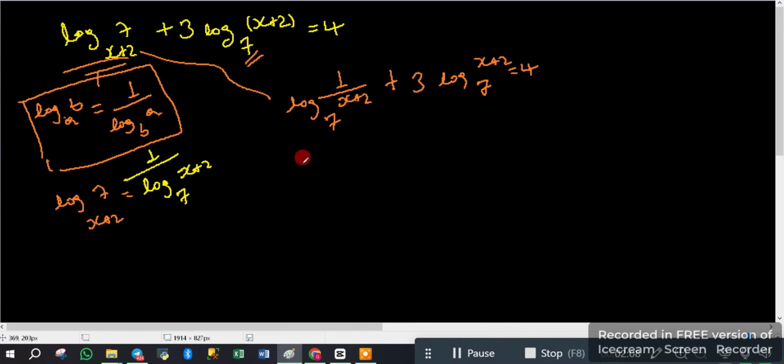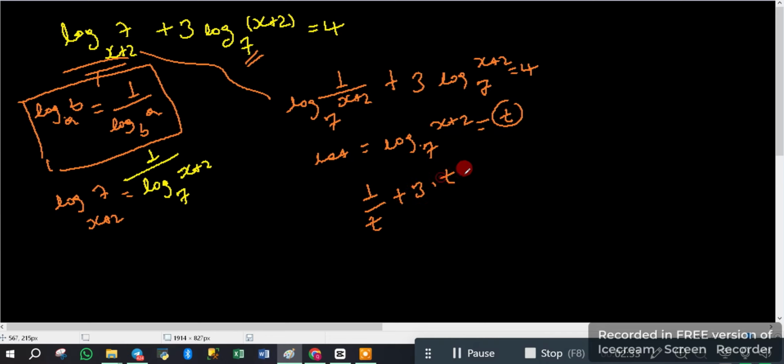Then after that, let log x plus 2 base 7 is equal to t. Then what you are going to do, just 1 over t plus 3 times t is equal to 4, because if we substitute this t, and if you represent this one as 1 over this t value, 1 over t plus 3 times t is equal to 4.